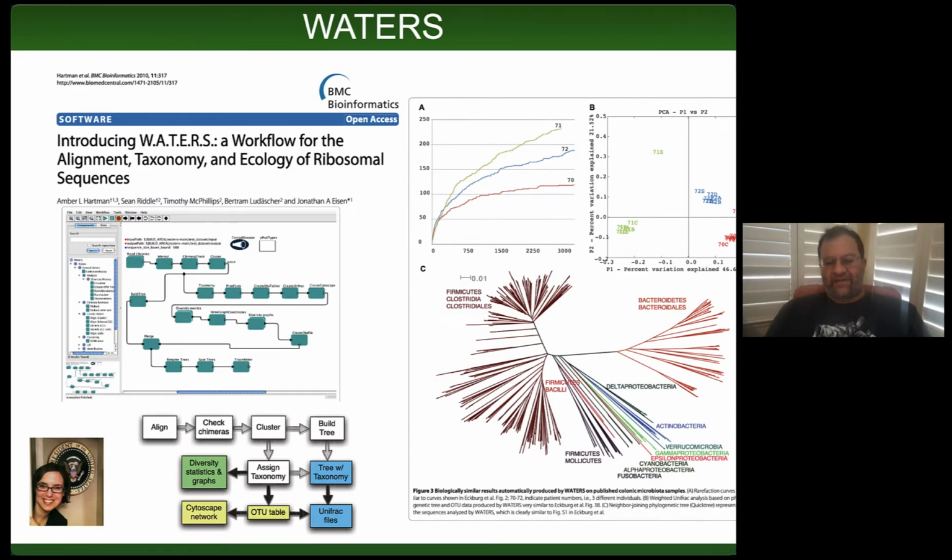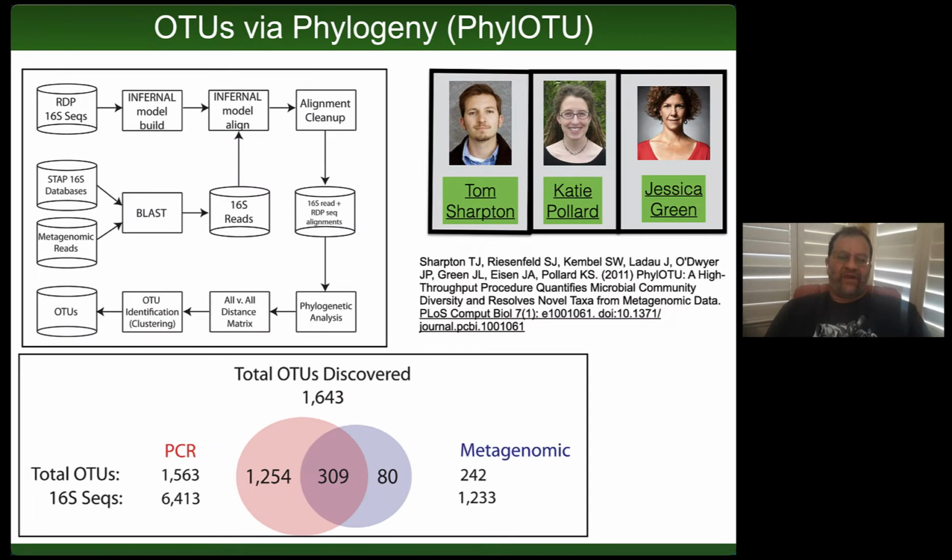Amber went on to develop another automated method called Waters, in this particular workflow system. We had a collaboration with Katie Pollard and Jessica Green and Tom Sharpton, and Tom developed a tool for doing something that most people at the time didn't do, and I still don't think many people do.